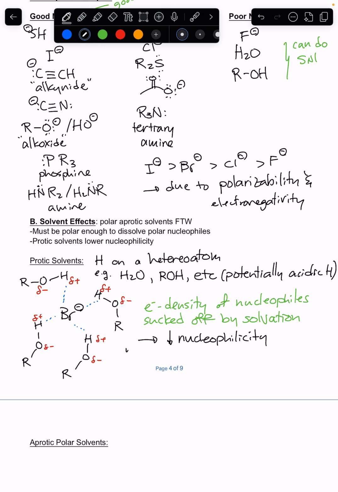And I might add this has a more pronounced effect on the smaller nucleophiles.